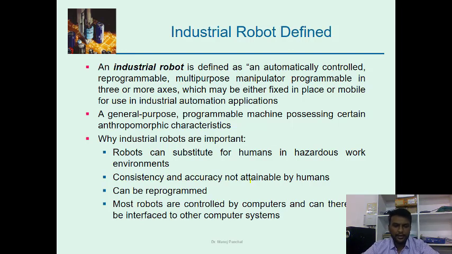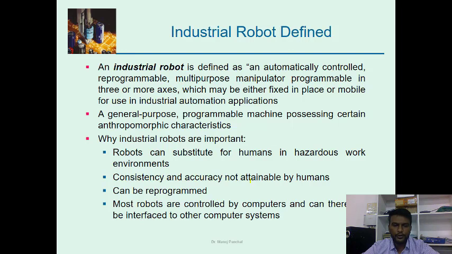The next feature that a robot has is that it is reprogrammable. Whatever motion the robot is doing, you just change the program and the motion or the control characteristics can be changed with the help of the program. Another very important thing to see here is interfacing. Robots are controlled with the help of a computer, so whatever information we need to pass can be passed to other computers because of the interfacing.